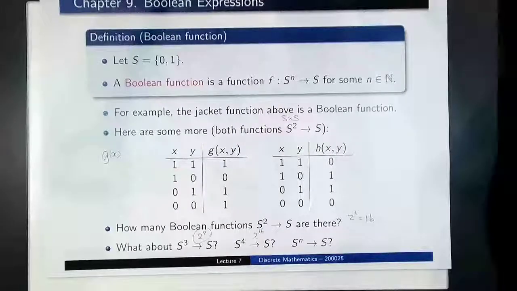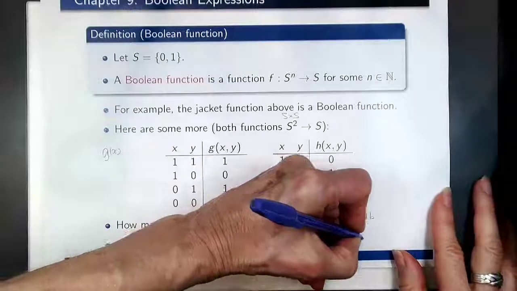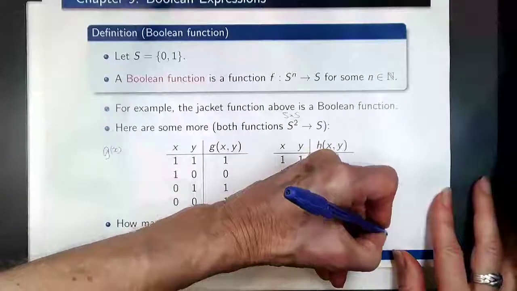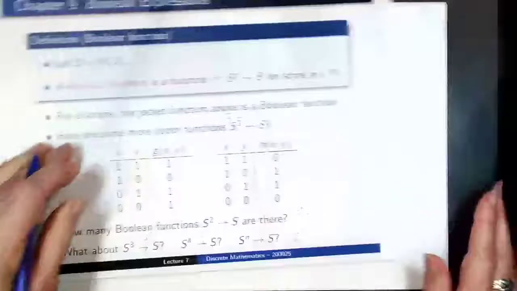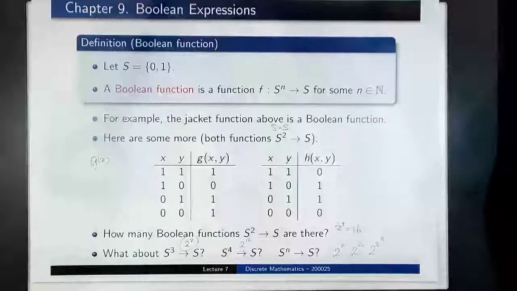What about there? 2 to the power of 2n. Oh, I love this. 2 to the n, 2 to the 2n, 2 to the 2 to the n. Does anyone want to say 5 or something like that? 2 to the, I want to say n minus 1.